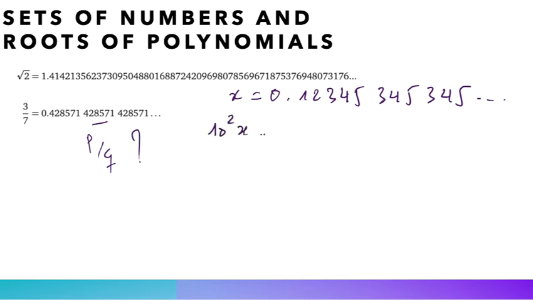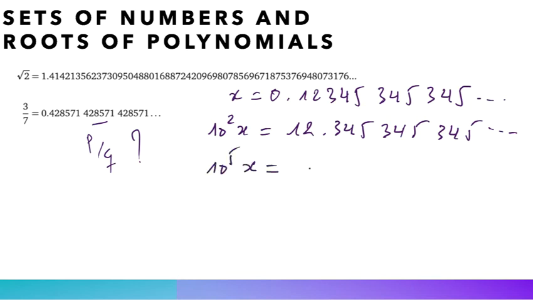We get 10 squared x is 12.345345345, and so on and so forth. And if we do the same thing with another power of 10, we take here 10 to the 5, and we get 10 to the 5 multiplied by x is 12345.345345, and so on and so forth.